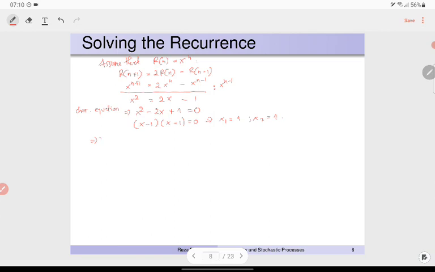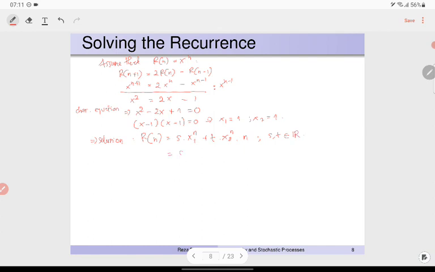So the solution is R_n equal to s multiplied by x1 to the power of n, plus t multiplied by x2 to the power of n multiplied by n, because we have two similar roots, where s and t are real numbers.